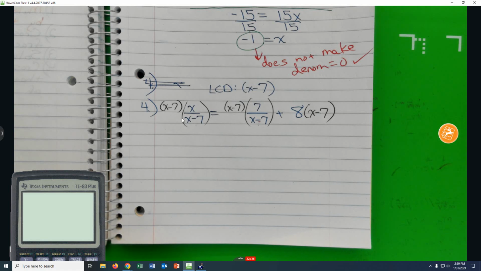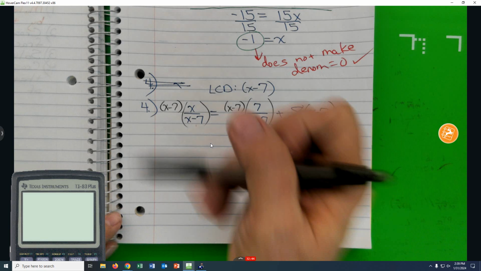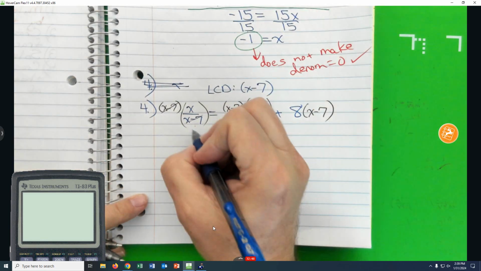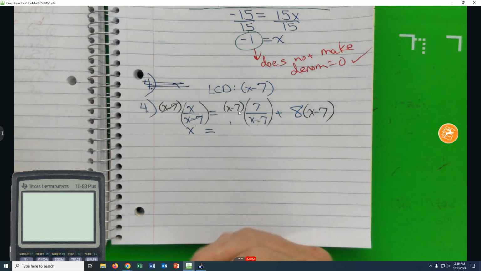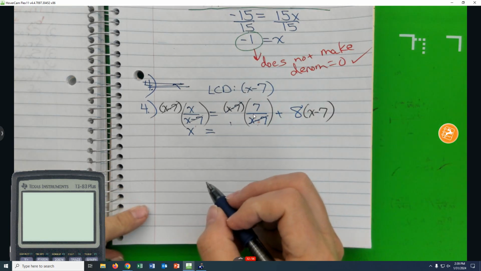Keep in mind a fraction is 1 term. So, what's going to cancel here in the first product? X minus 7, leaving me with 1 equals. What's going to cancel in the second product? X minus 7 again, leaving me with 7.